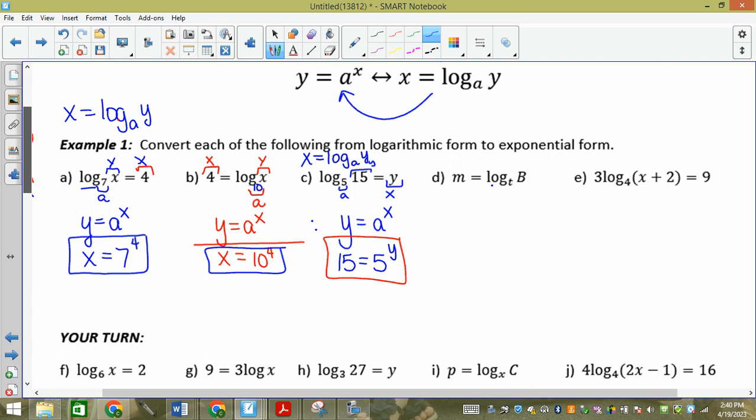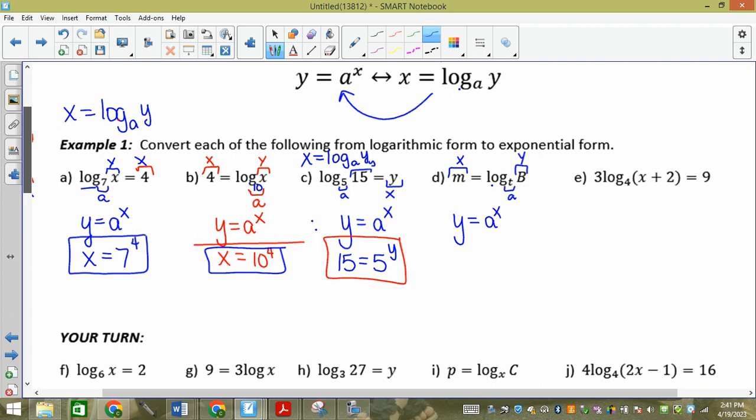So I have log, log. What's beside the log? What's the t representative of? A. What's the b representative of? What's the n that's by itself? X. What formula am I putting it into? The exponential, which is y equals a to the x. It's just a conversion formula.